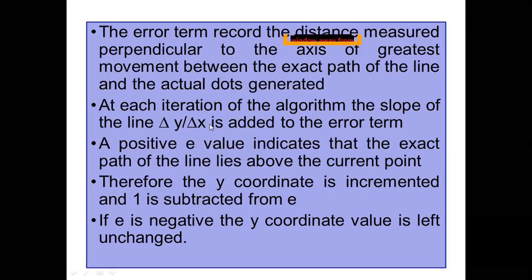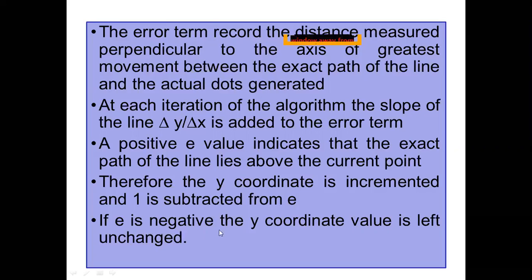If we are getting positive, then we add 1 to the y value, that is y is equal to y plus 1, and for the new value of E we subtract 1 from E. So this is the method.